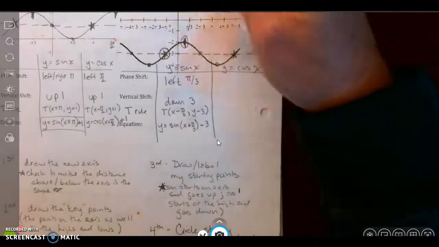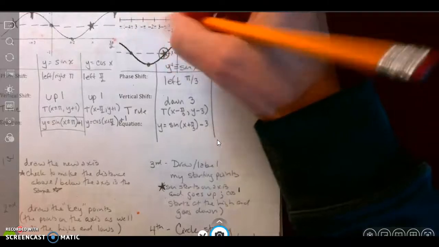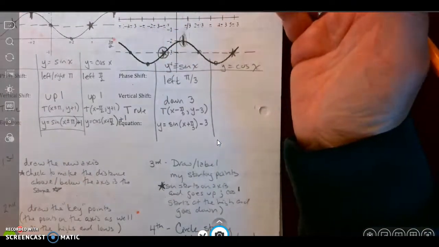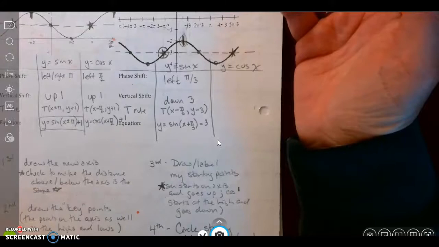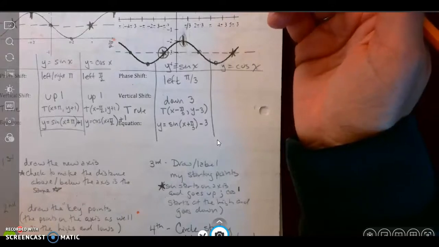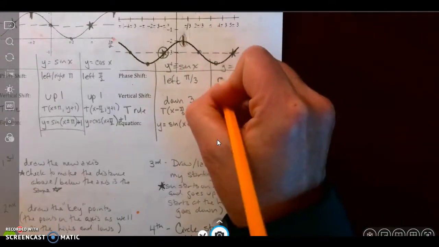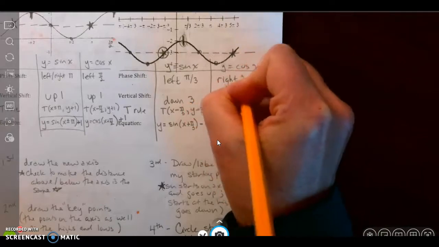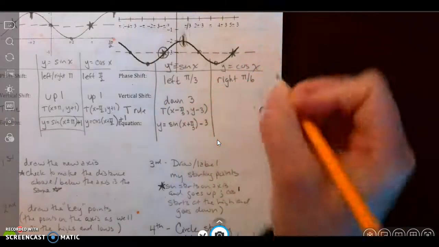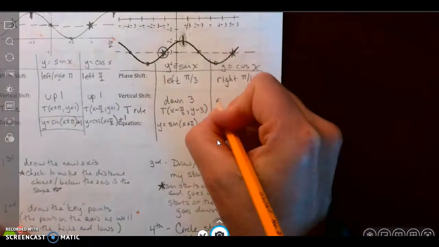And if I had to guess right here, when I look at this point right there, I'd say it's not on the mark. I'm going to say halfway. Well, half of 1/3 is 1/6. So we're going to say right pi over 6. Still down 3.